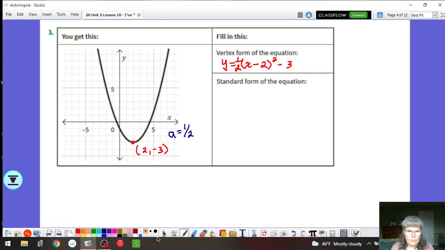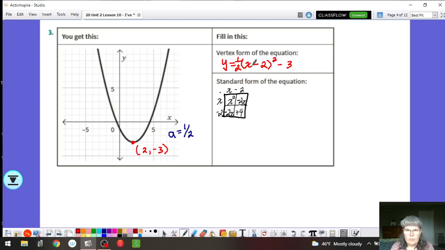So I'm going to start with my area model so I can show the x minus 2 squared. x times x is x squared, x times -2 is -2x, -2 times x is -2x, -2 times -2 is a positive 4.